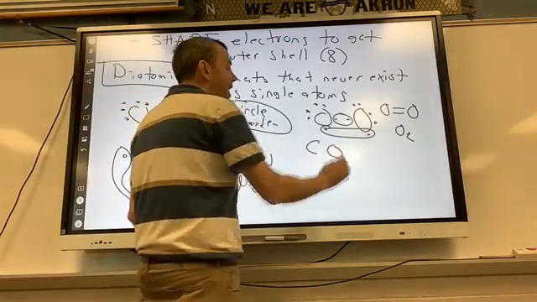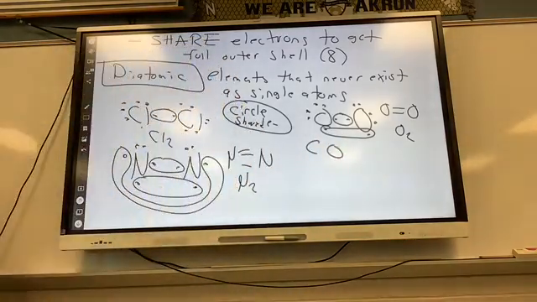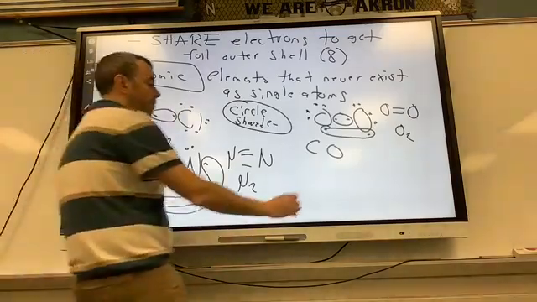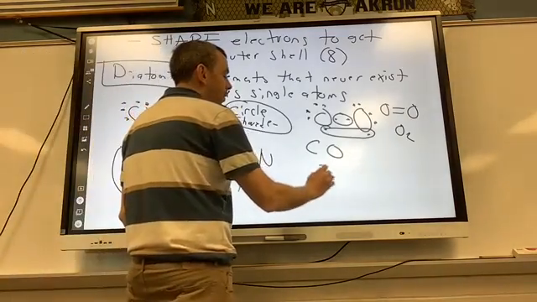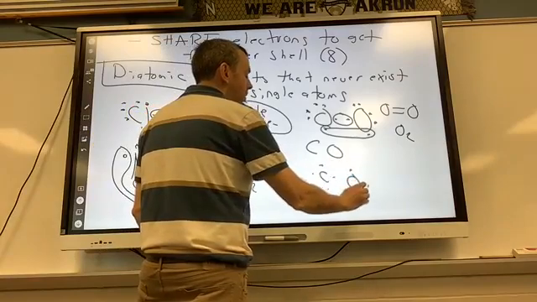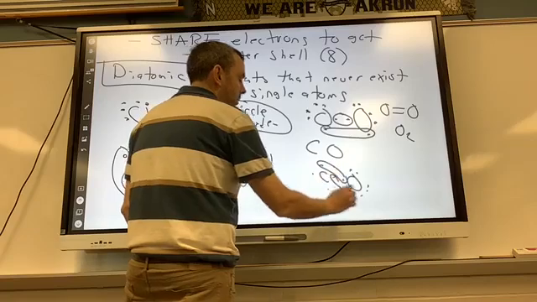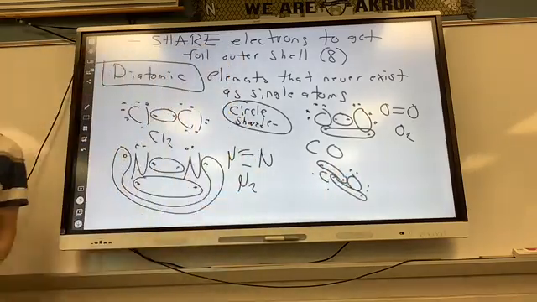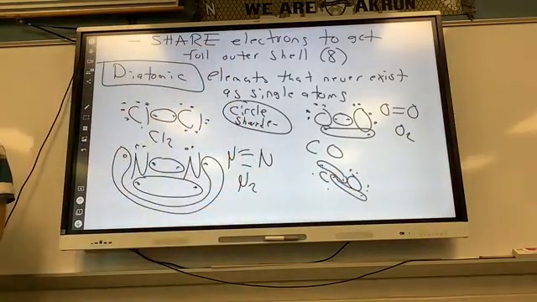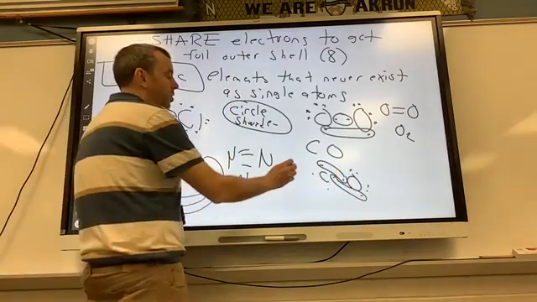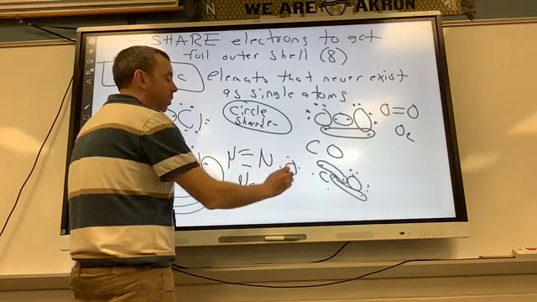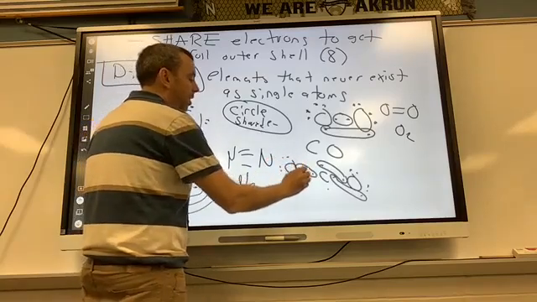So could you do something like this? If I had carbon and oxygen, right? Carbon has 4. Oxygen has 6, right? Going to share a pair there. Share a pair there. What do I need another one of? Another oxygen, right? Get another oxygen here, with 6. Share a pair there.